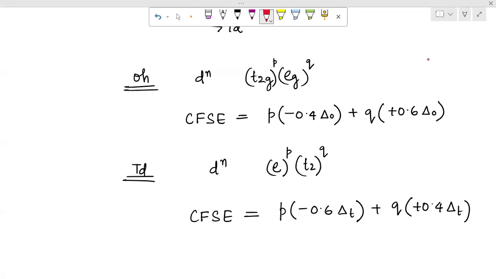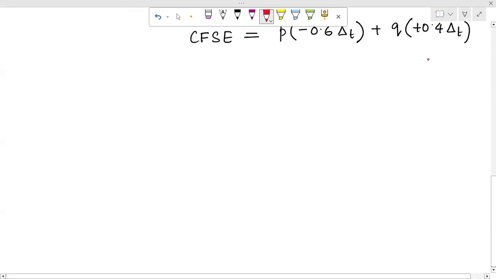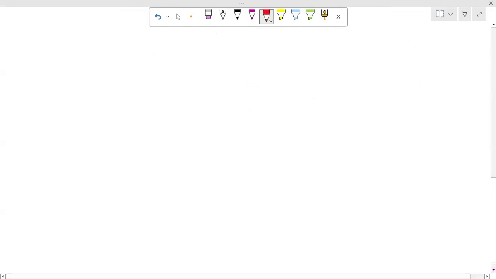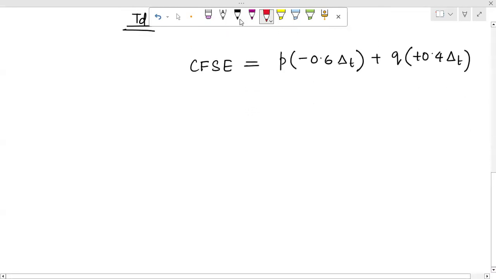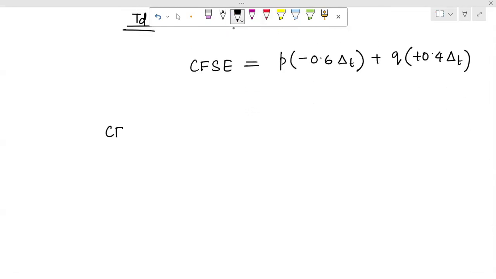Now in certain questions, they will also ask you about the pairing energy. So let us discuss that as well. So you write crystal field stabilization energy and pairing energy.